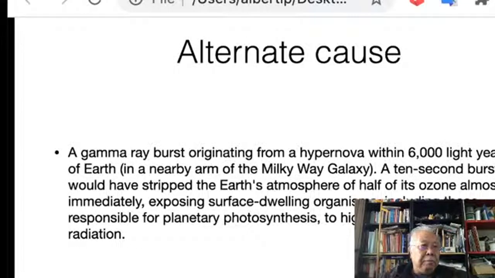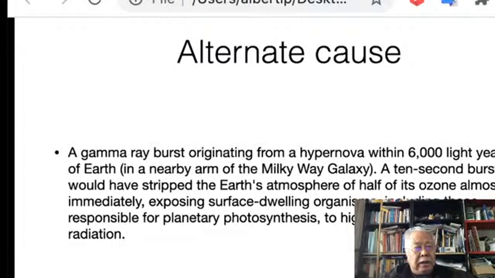For example, another argument is that there might have been a large gamma ray burst from a supernova about 6,000 light years from Earth. That gamma ray might cause a lot of damage to our ozone layer, exposing living organisms to a high level of ultraviolet radiation from our sun, and therefore kill a lot.